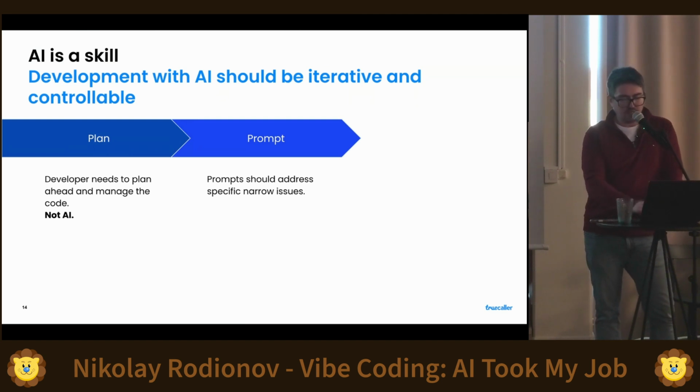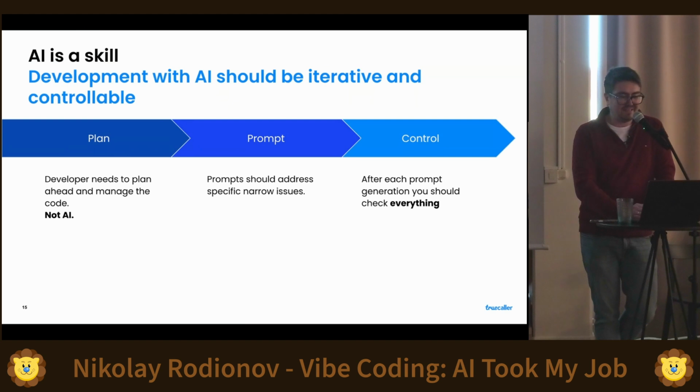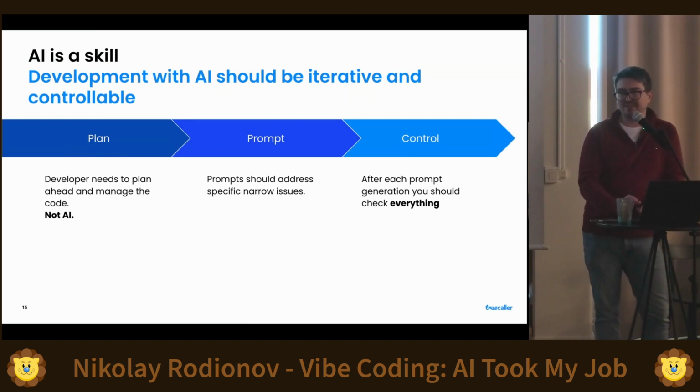And the last part is that you need to control each tiny baby step of the AI, because otherwise, if you give control to AI, it will again give you something that it assumes, not something that you actually want. So after each prompt, after each tiny generation, you need to run tests and check that they still work.